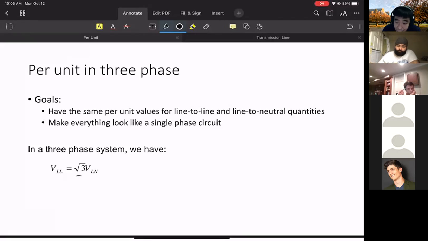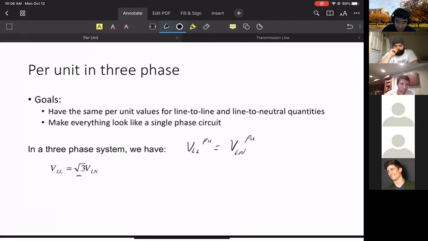So what we would like is to have these two be equal to each other, so I don't have to worry about whether it's line to neutral or line to line. So we want our per unit system to make this happen. And this is not very hard to do.